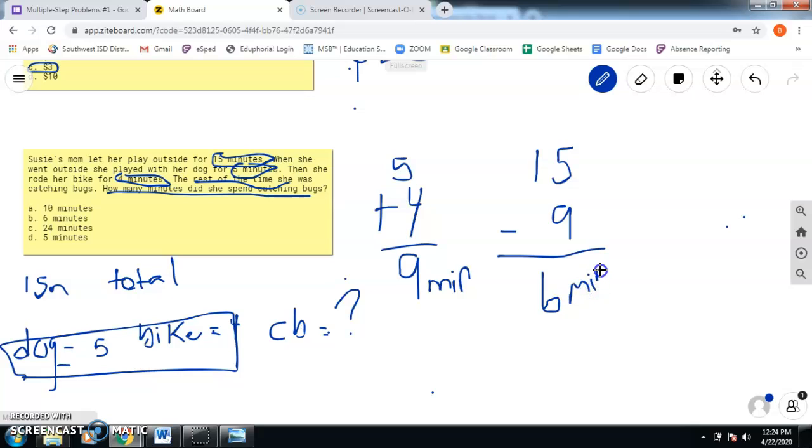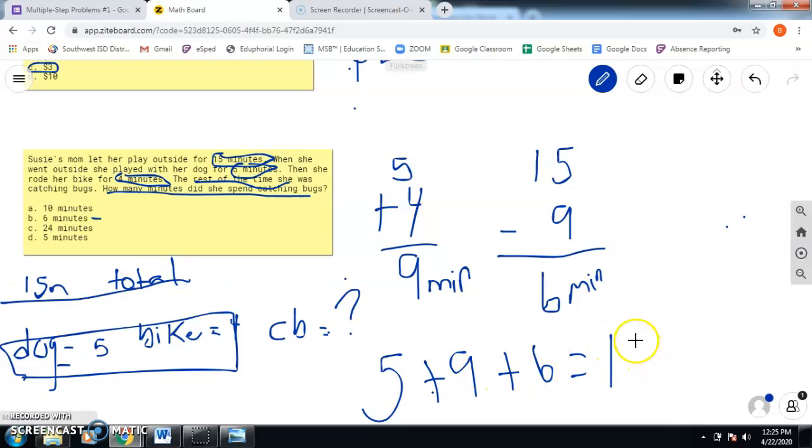Okay, is our answer there? It is. But before I circle it, I want to check this. So our problem should be 5 plus 9 plus 6. So all these numbers should equal what? Our 15 minutes total.